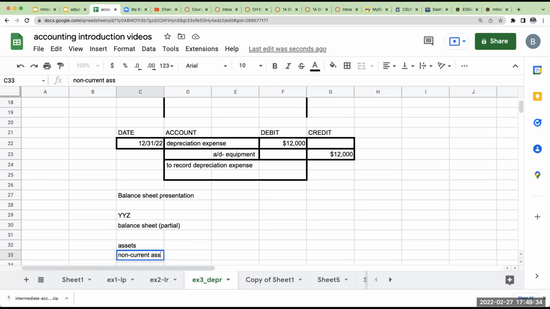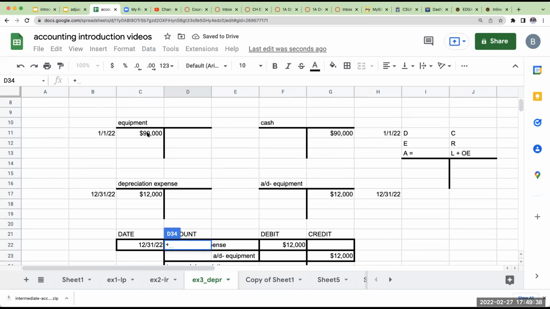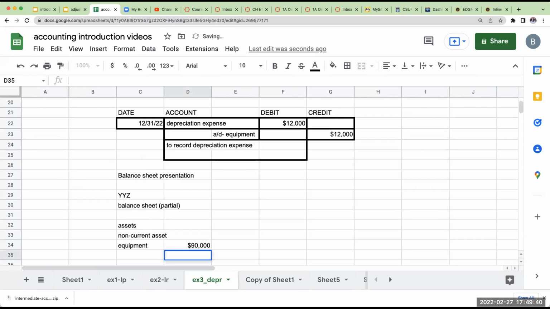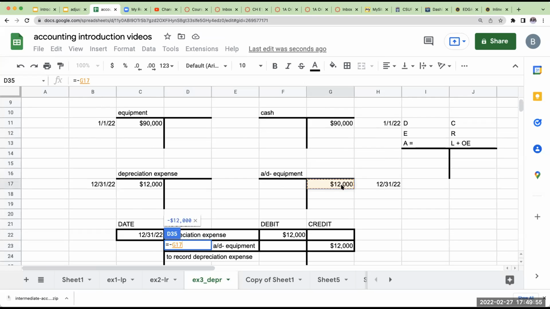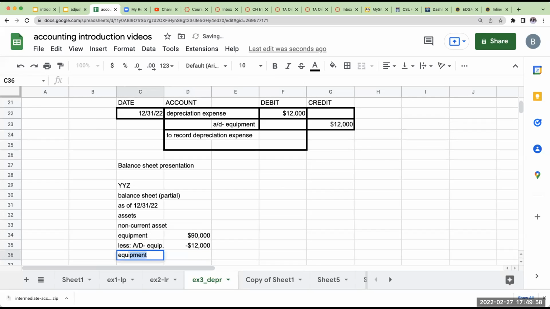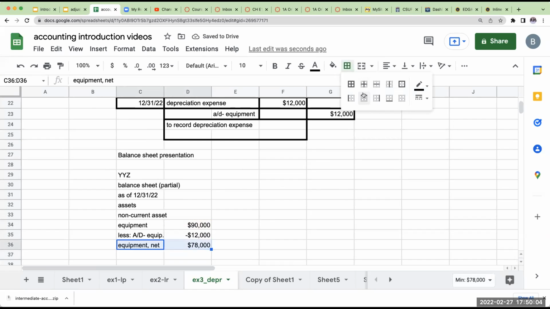The way I'm going to show that asset is I'm going to have equipment at my purchase price of $90,000, as of 12/31/22, less my accumulated depreciation on the equipment. My accumulated depreciation balance as of December 31st, 2022 is right here at $12,000. So my equipment, net of the accumulated depreciation, is going to be $78,000.